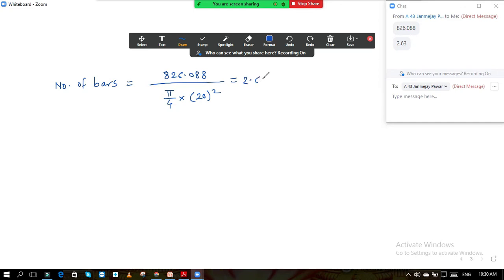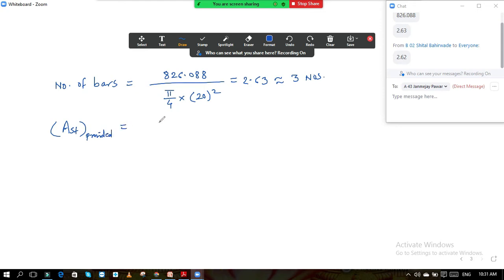It is 2.63, which we can round up to 3 numbers. So we are going to provide 3 bars of 20 mm diameter. So calculate now Ast provided. We are going to provide 3 bars, each of bar diameter 20 mm.